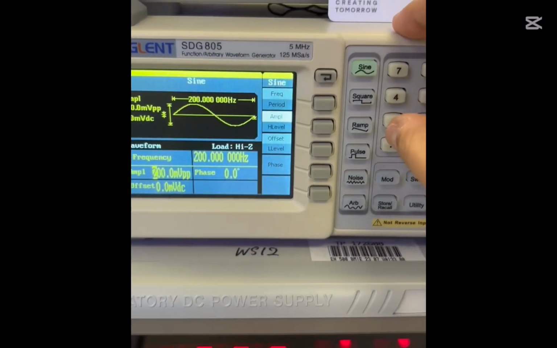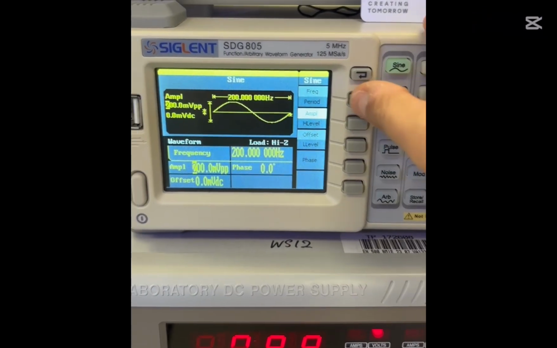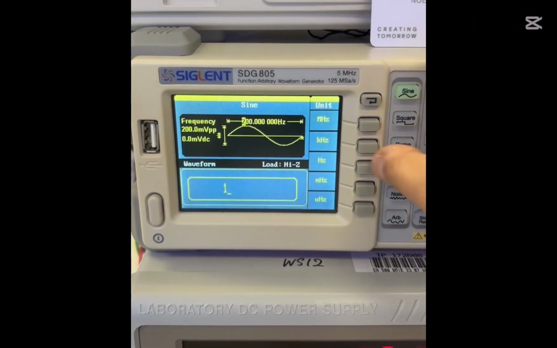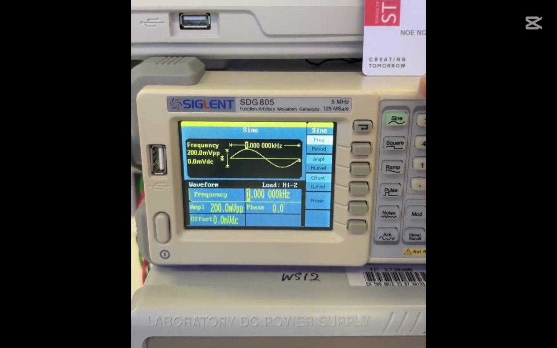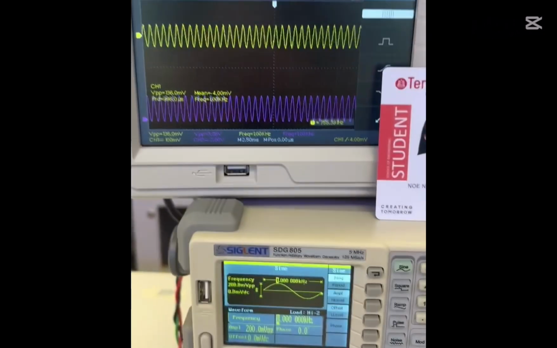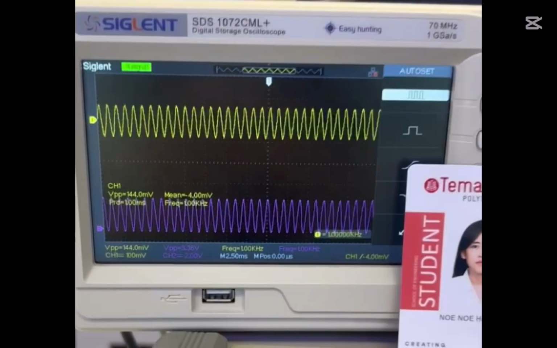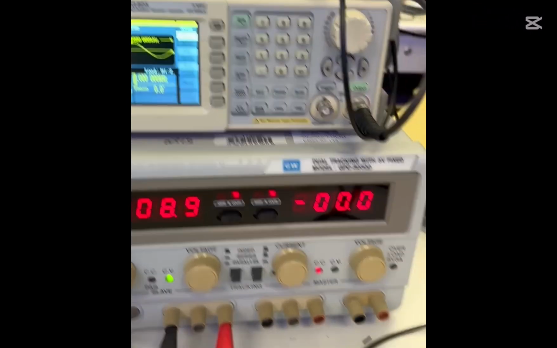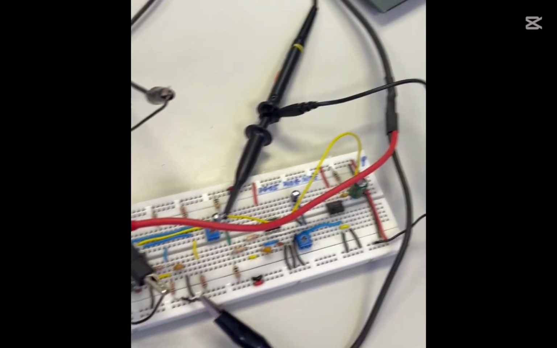Then we will set the frequency to 1 kHz. As we can see, the output voltage at DP5 will be 3.36 volts. By adjusting the trimmer P2, we can also control the output at DP5. This is the end of stage 4 and the project video presentation.